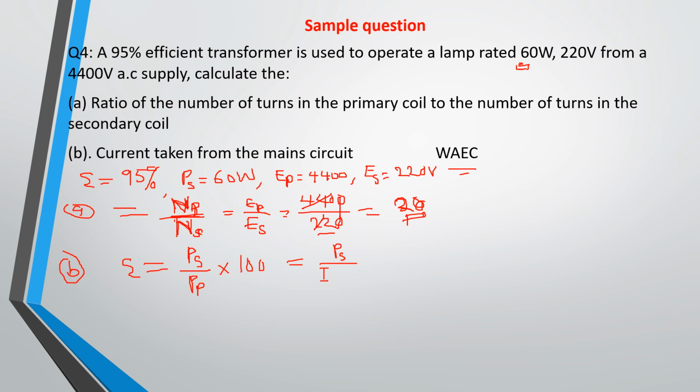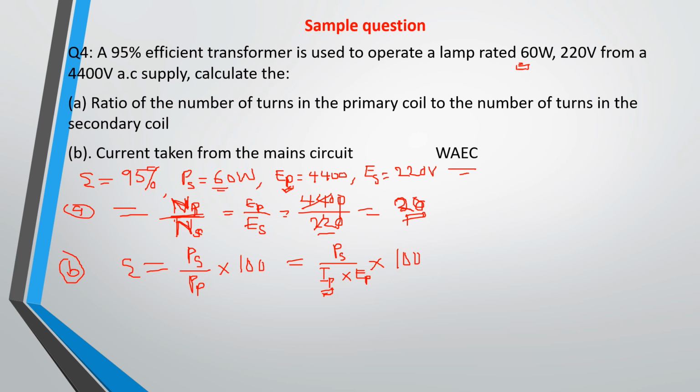It's equals to current times voltage, multiplied by 100. So what you are looking for now is the current taken from the main, which is the current of the primary. In this question you will be given the power in the secondary and the voltage in the primary, and you are looking for the current.